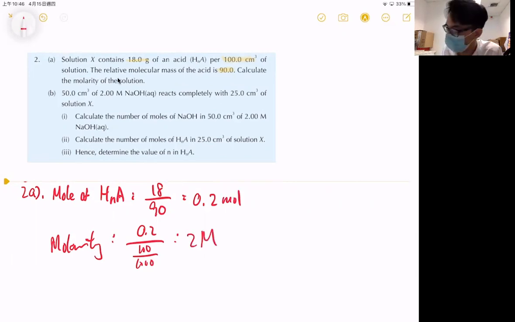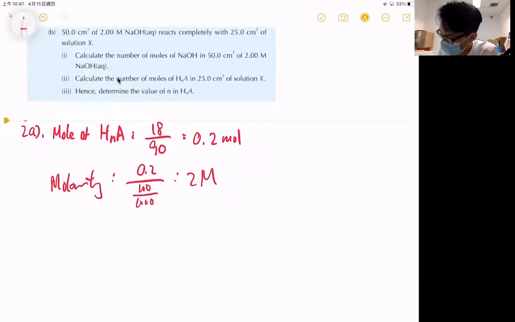So it's very simple. So for 2B, you are asked to react 25 cm cube of solution X, 2M of HNA, this solution, and we use up 50 cm cube of 2M sodium hydroxide.